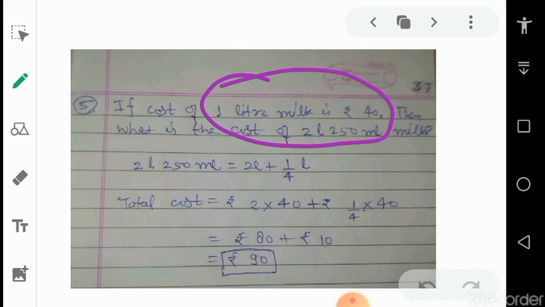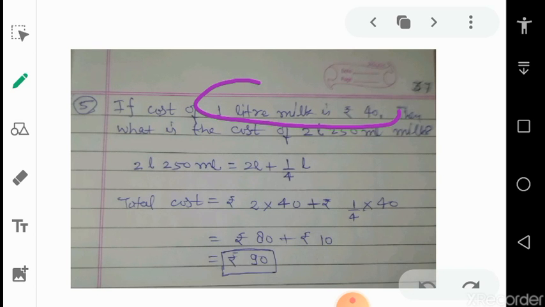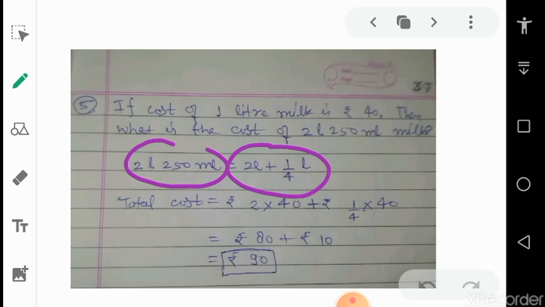See inside the circle, cost of 1 liter milk is given, means we should convert the given quantity into liters. So 2 liter plus 250 ml is equal to 2 liter plus 1/4 liter, and by multiplying with 40 both the values, we get rupees 90. So its answer is rupees 90.